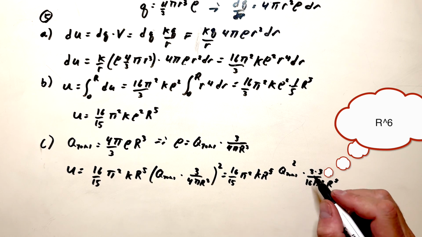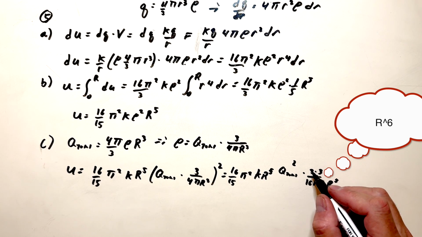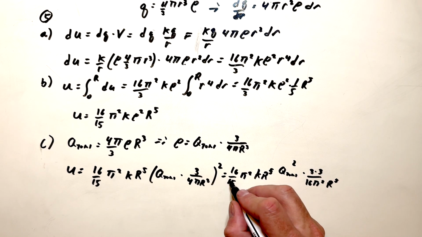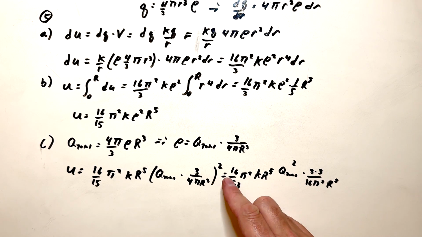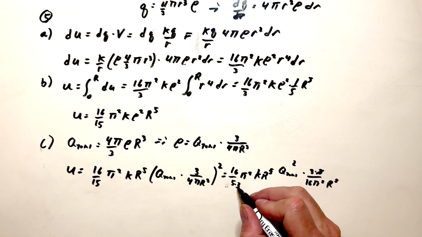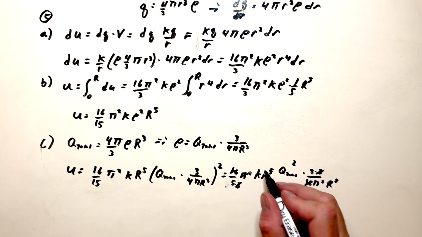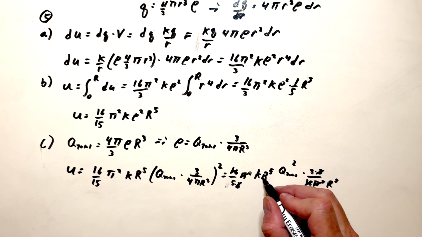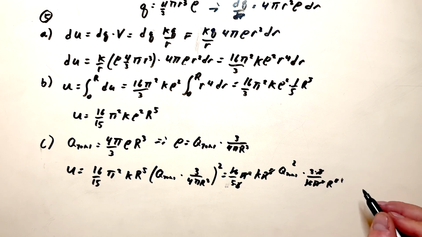Let's start canceling some stuff. I'm going to write 15 as 5 times 3, so we can cancel one 3 out of that. The 16 will cancel. The pi squareds will cancel. The R to the 5th will cancel, and we'll just be left with R to the 1.